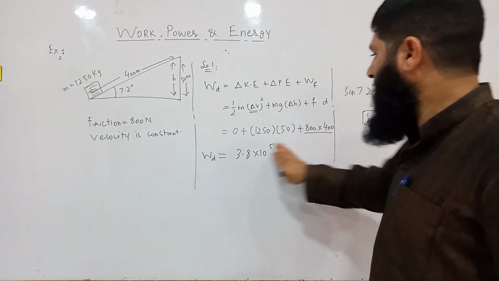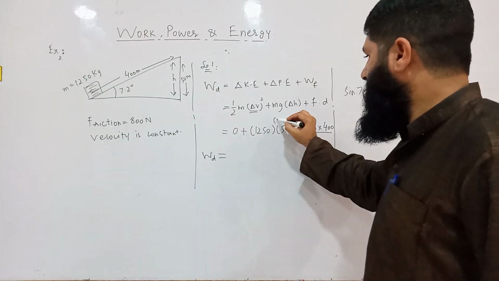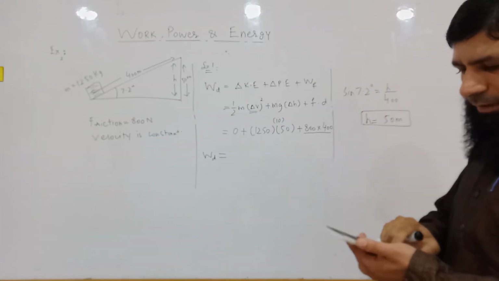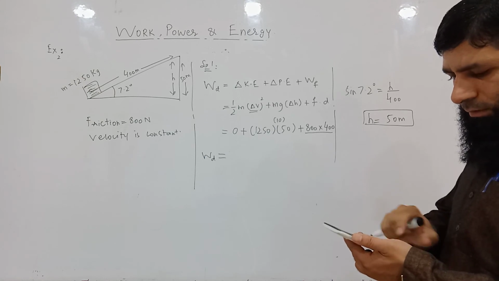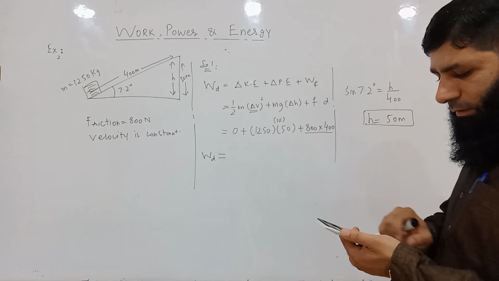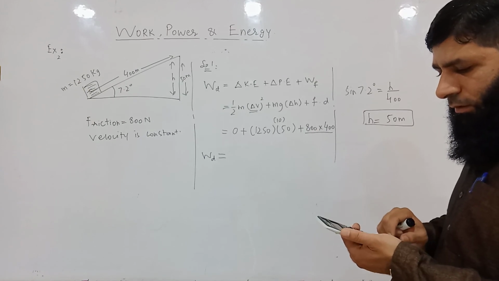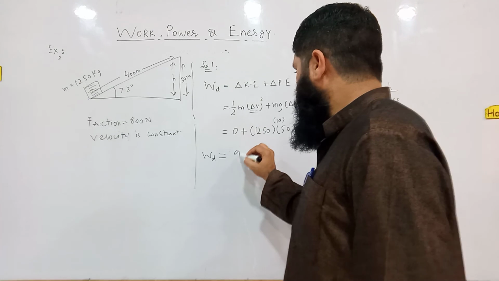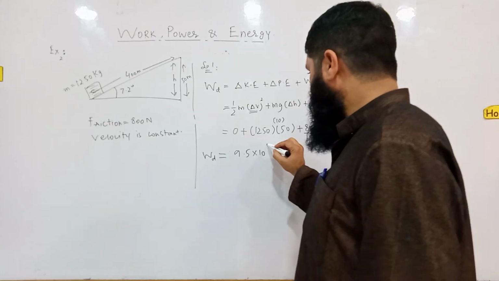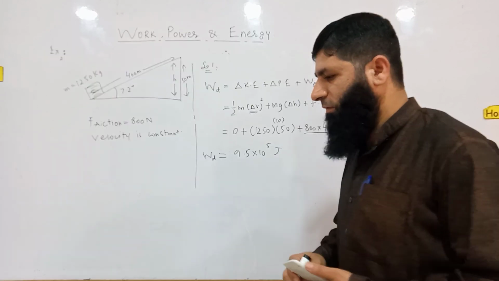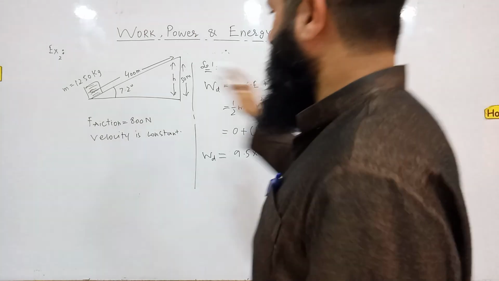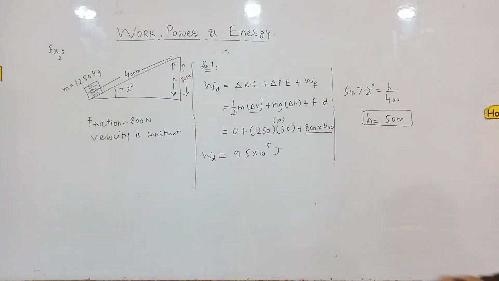And I think we have missed the value of G, because G is equal to 10, so 1250 multiplied by 10 multiplied by 50 plus 800 multiplied by 400. So we have 9.5 multiplied by 10 raised to power 5 joules. This will be the work done for the driving force. Okay.